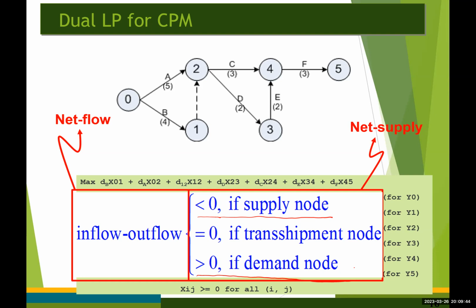Otherwise, it's going to be 0, for all the other nodes, the transshipment nodes. So the dual LP is the problem of finding the longest path through the network from node number 0 to node number 5.